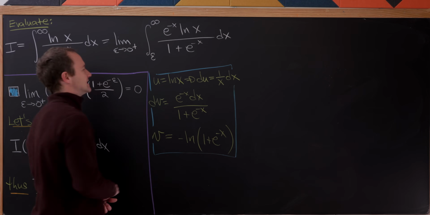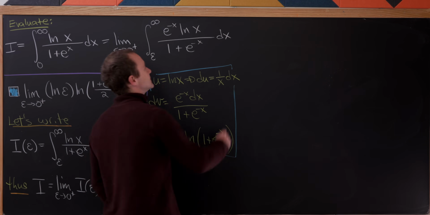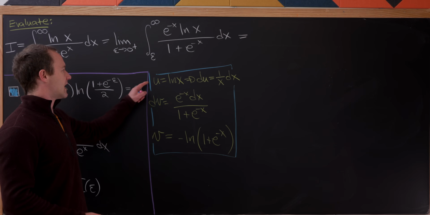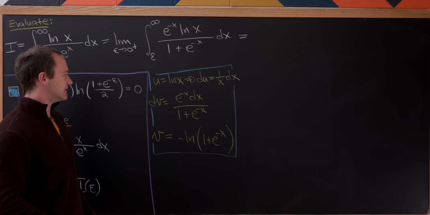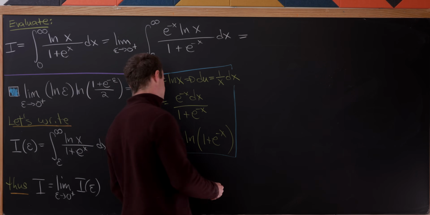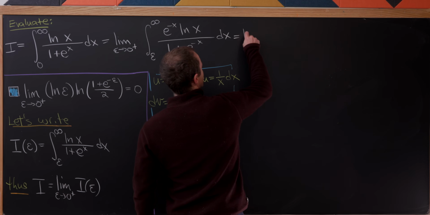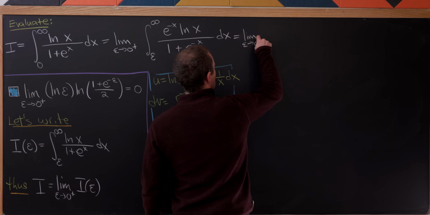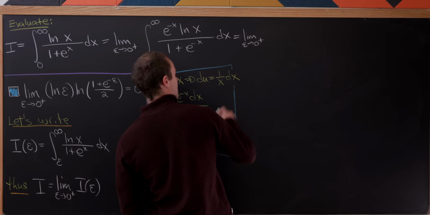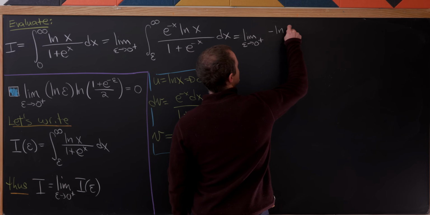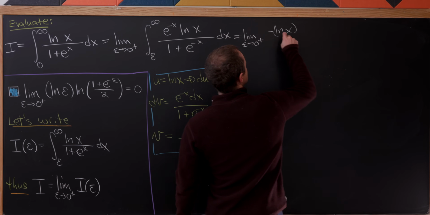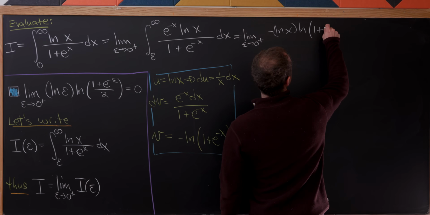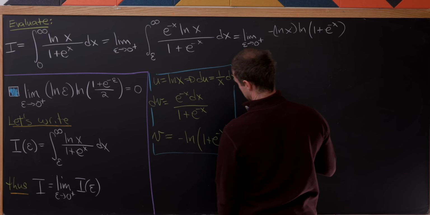So let's see what that does to our integral. So we'll have u times v evaluated at the endpoints. So let's see, carrying the limit through, we have the limit as epsilon goes to 0 from above of minus the natural log of x times the natural log of 1 plus e to the minus x.